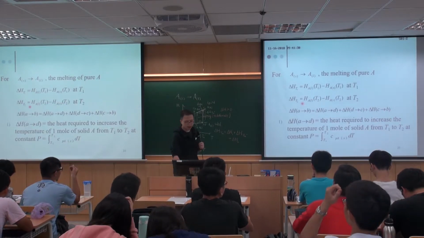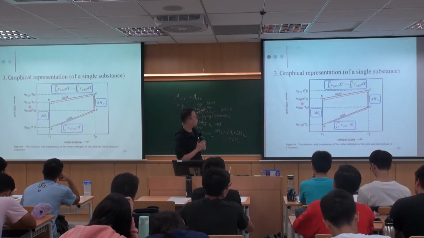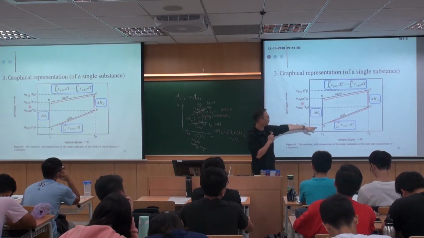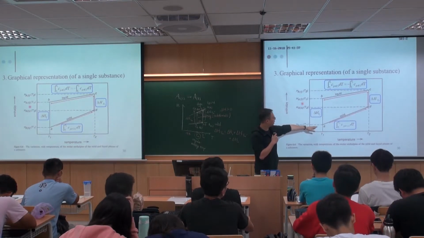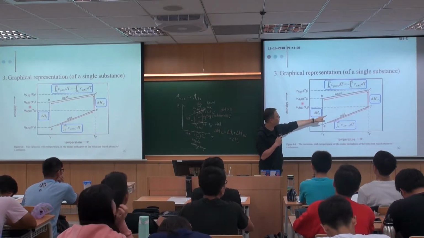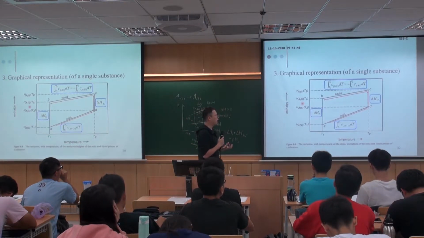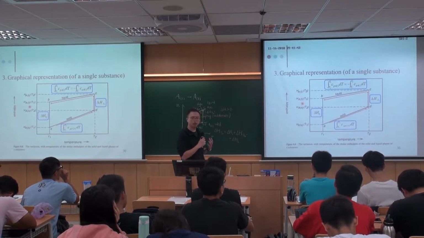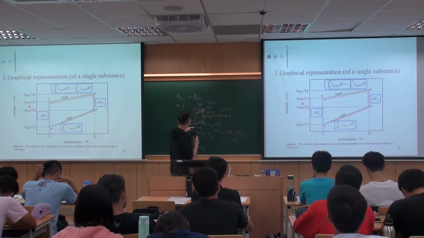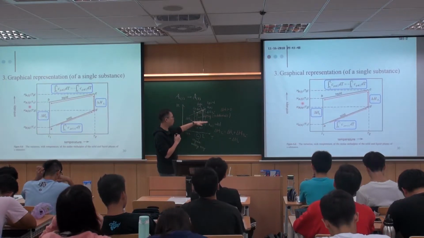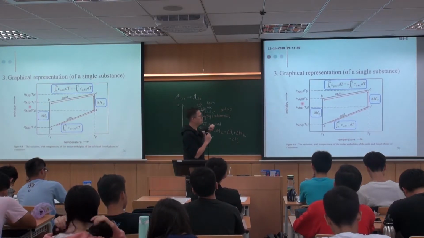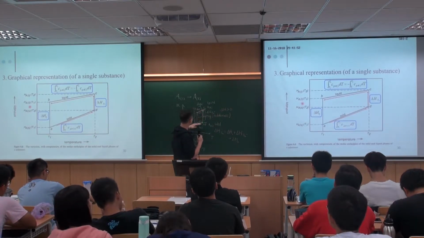And in fact, those are summarized over here. For instance, if you want to calculate this change from A to D, the delta H is fairly simple based on the equation we just saw, because this is following a slope that is defined by Cp. And this is the solid phase.